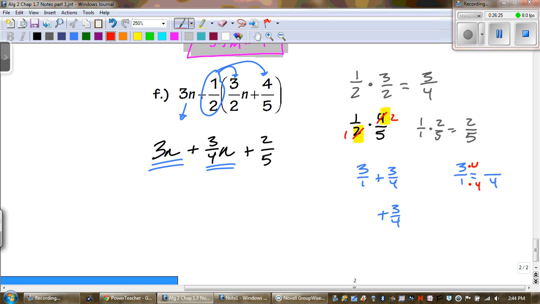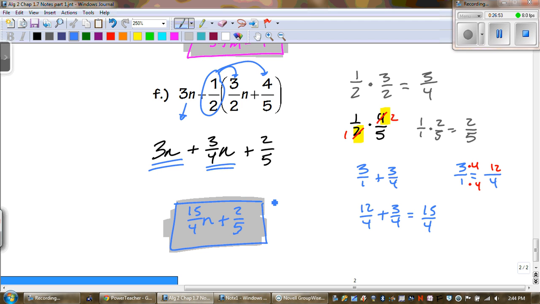And if you times the bottom, you have to times the top. So we get 12 over 4, and when you add those together, you get 15 over 4. So when we write our final answer, we have 15 over 4n plus 2 over 5. And since they do not have the same variable attached to them, we can't combine them.